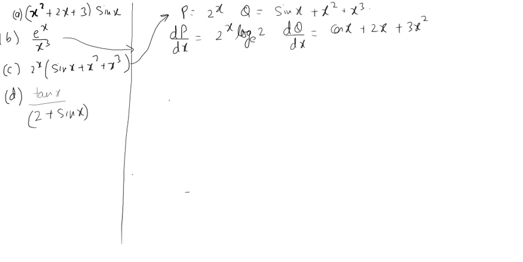Okay. Now d by dx of p q can be written as p into dq by dx plus q into dp by dx.